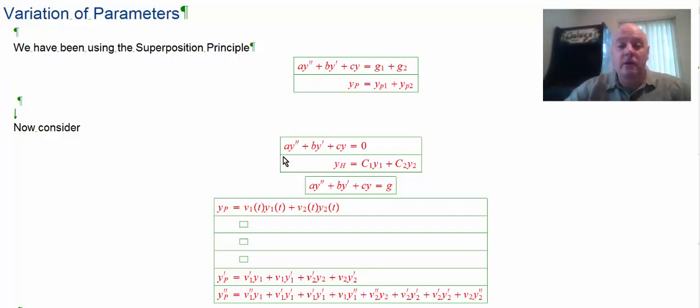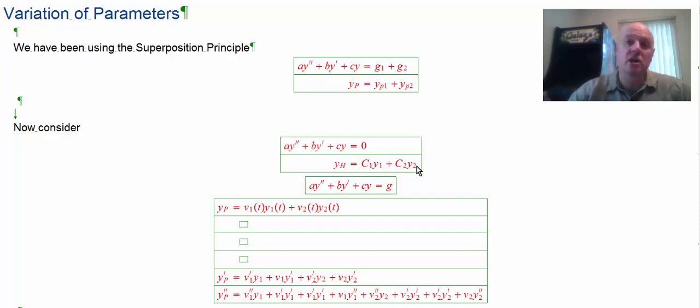Consider a homogeneous second-order linear constant coefficient differential equation and a homogeneous solution for it, which is just the linear combination of two little solutions. So y1 and y2 are solutions to this homogeneous differential equation. They're functions of time, and they're independent. If we want to prove they're independent, we can look at the Wronskian and show it's not zero.